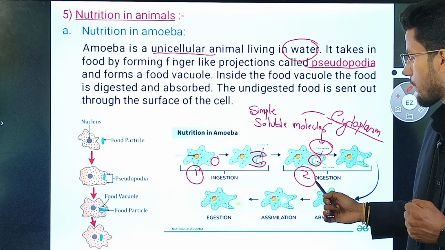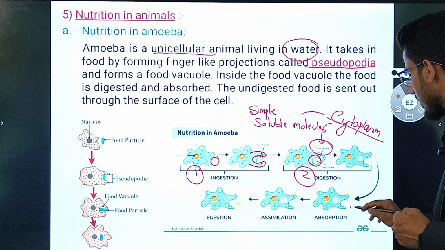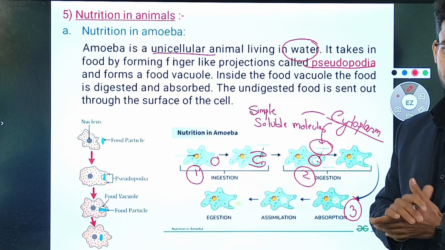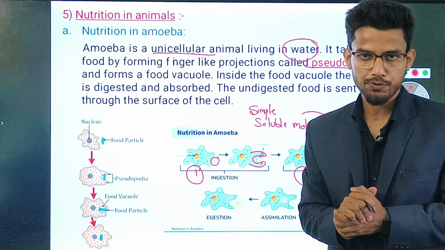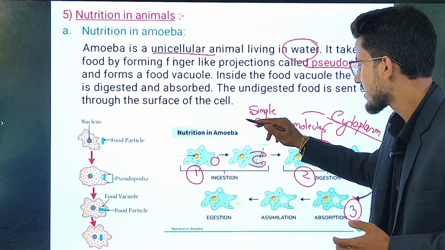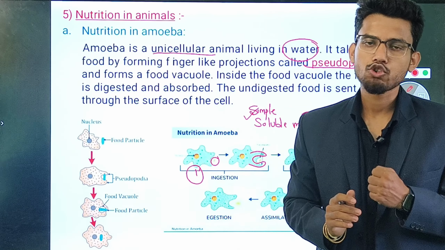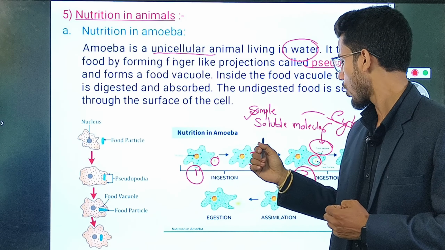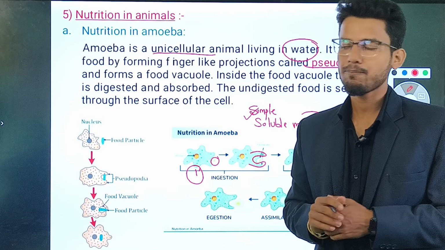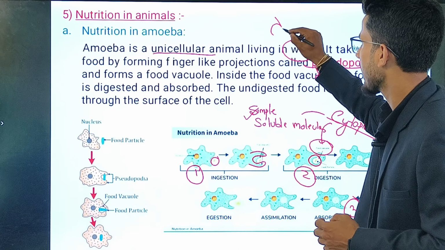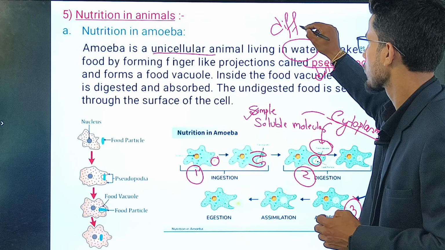With this we complete the process of digestion, and then the third step is absorption. What happens in absorption is that these simple soluble molecules are absorbed from the food vacuole of the amoeba by a process which we call diffusion.